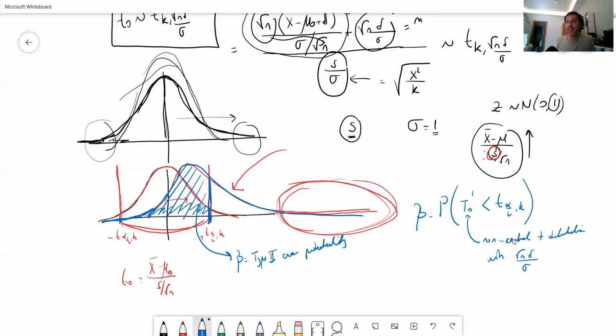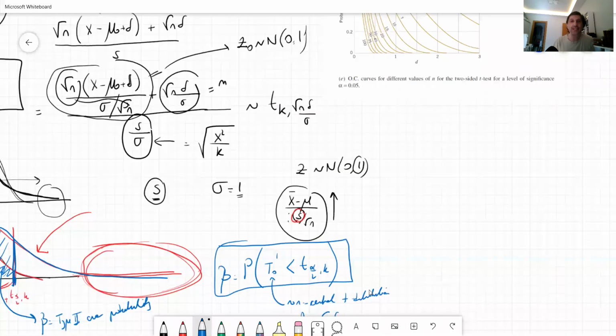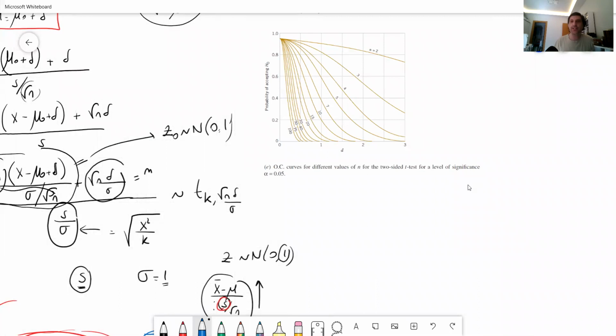Now, it is not easy. Actually, you need numerical integration to compute these values. Therefore, in order to bypass this, we use the operating characteristic curves.